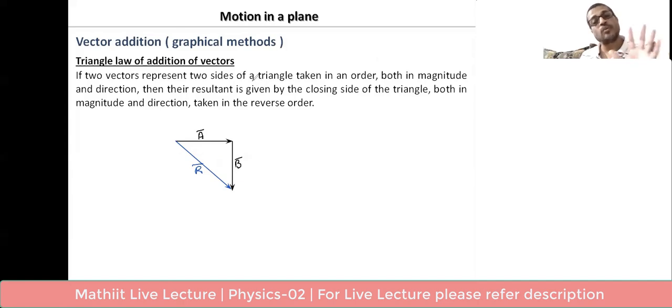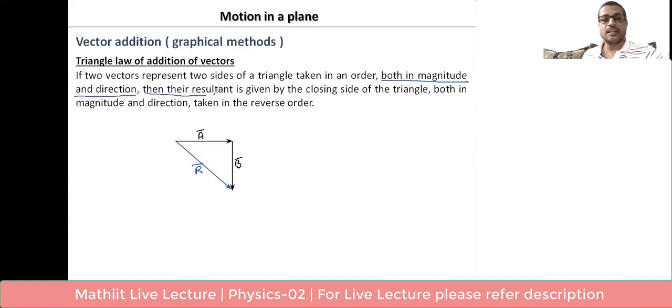If they represent only the magnitude but not the direction, will that be sufficient? No. If they represent only the direction but not the magnitude, then also it is incomplete information. So how should they represent two sides of the triangle? Both magnitude and direction. That is the requirement of this part of the sentence, both in magnitude and in direction.